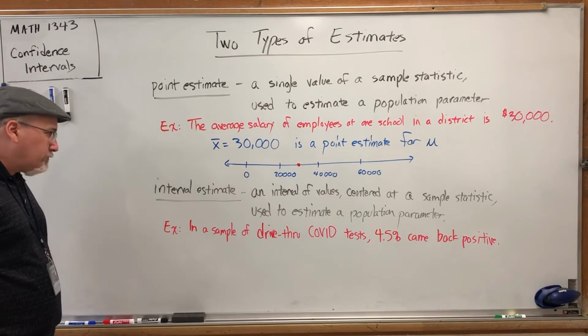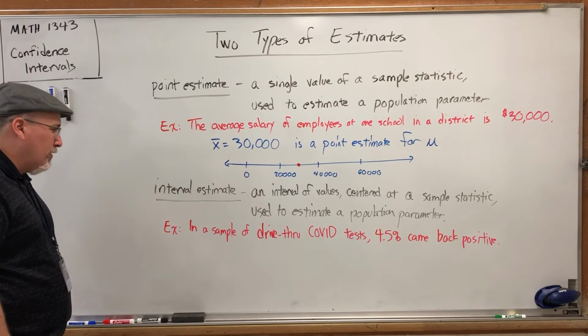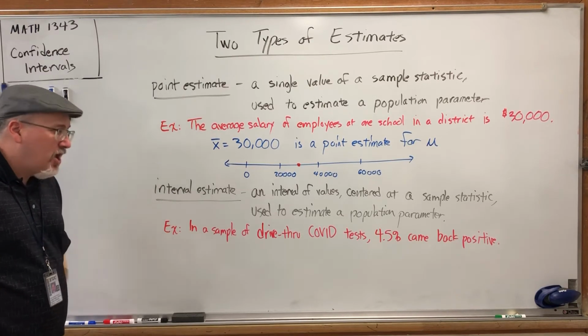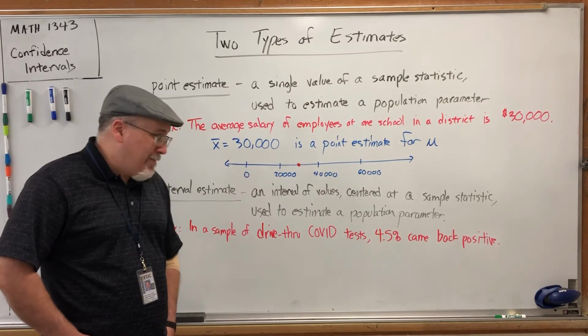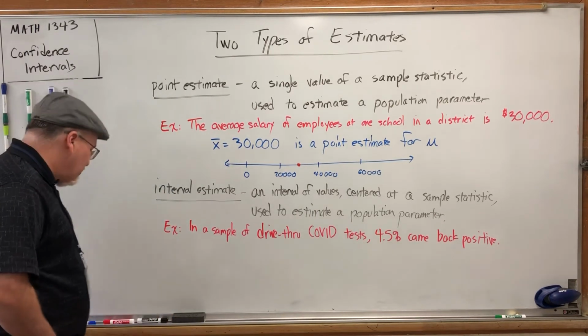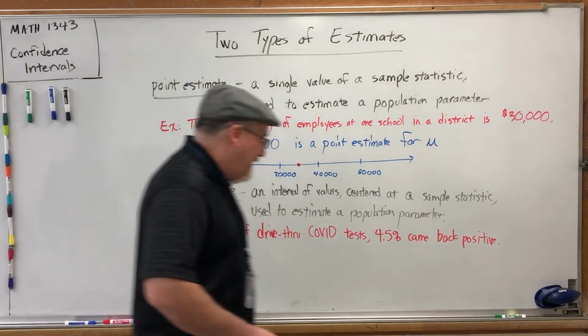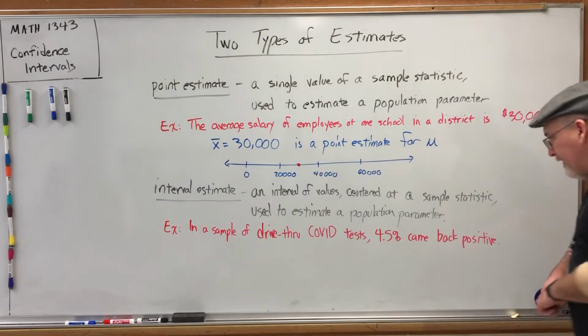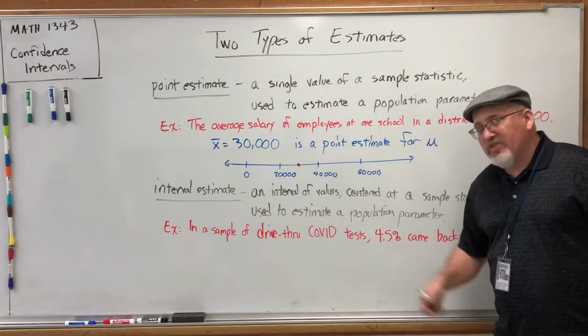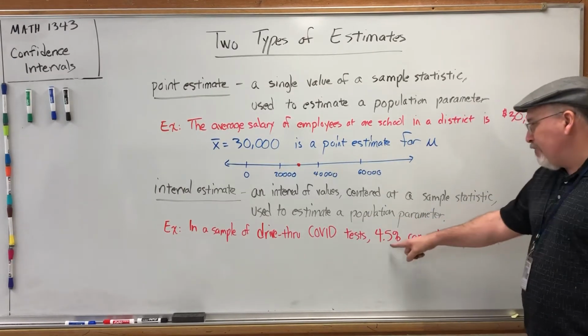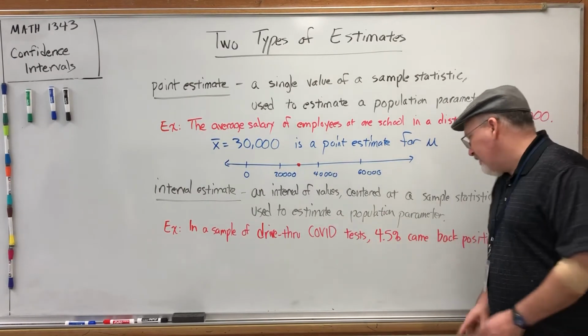For example, in a sample of drive-through COVID tests, 4.5% came back positive. Now, we could interpret this from a point estimate perspective by saying, well, this is a percent of a sample with a characteristic, so this is a proportion, but it's a proportion of a sample.